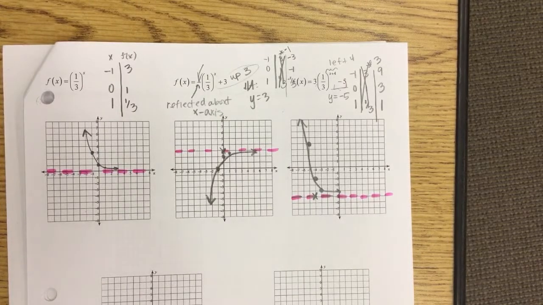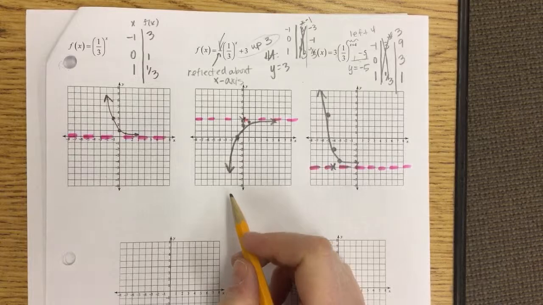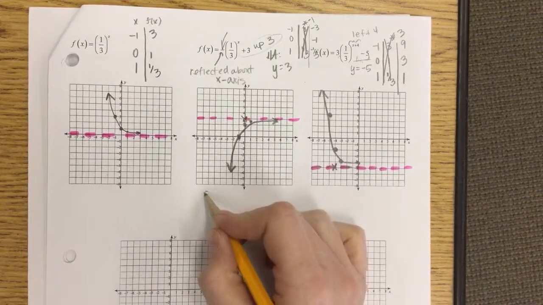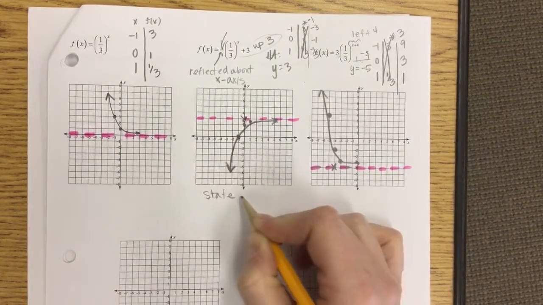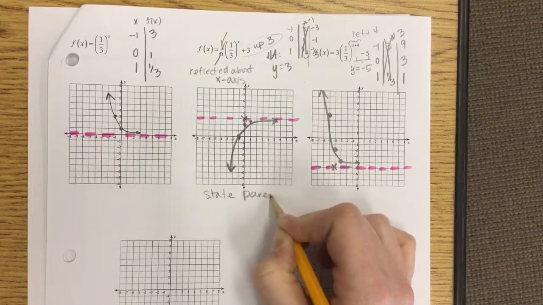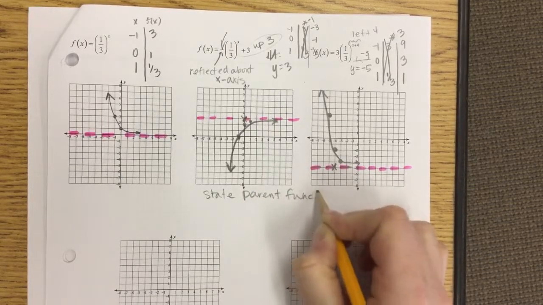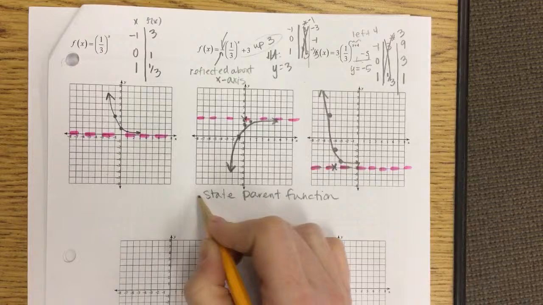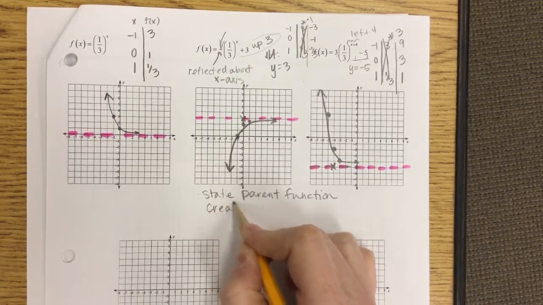So in summary, what I would do if I were you is find the parent function, state the parent function, and then create a table for it.